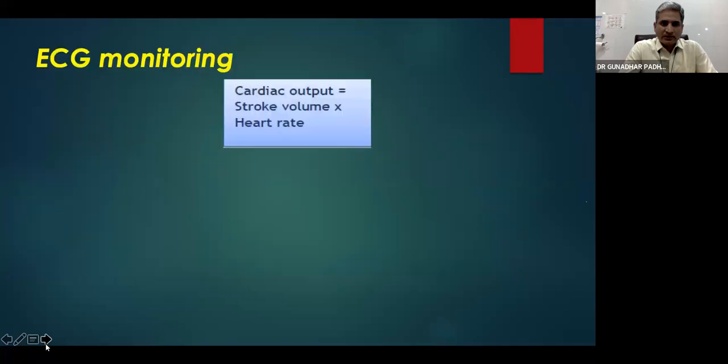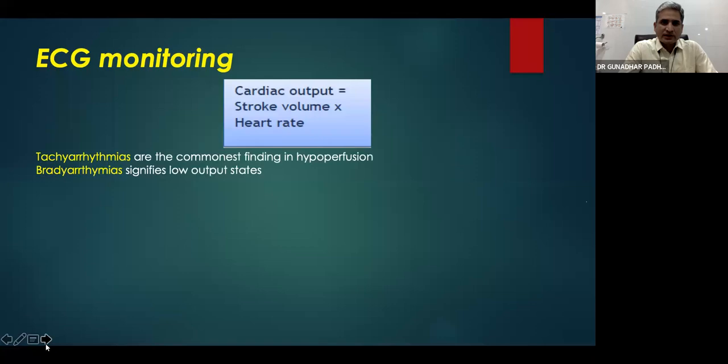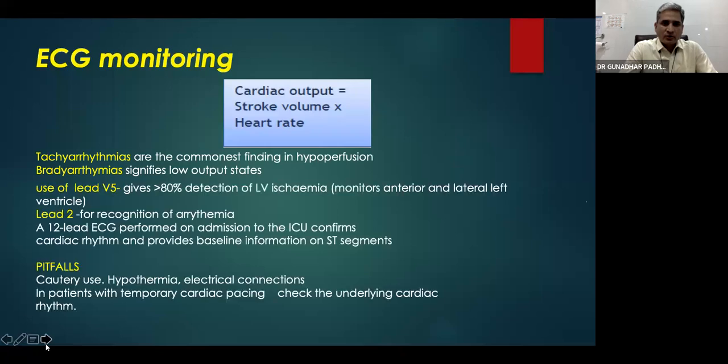Basic monitoring like ECG always shows arrhythmias like tachyarrhythmias and bradyarrhythmias, which always suggest that there can be some alteration in the cardiac output, because we know that cardiac output is nothing but stroke volume times heart rate. So when the heart rate changes, ultimately it leads to a change in the cardiac output. The more important thing is to always look at lead 2 for any kind of arrhythmias, and lead V5.